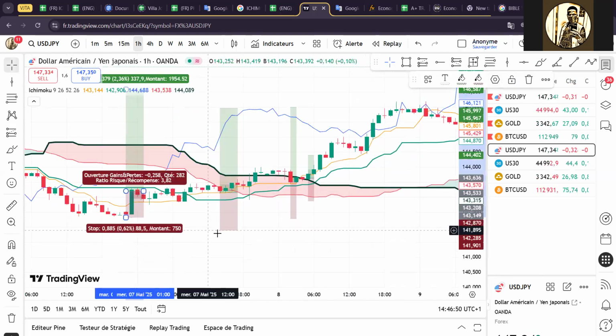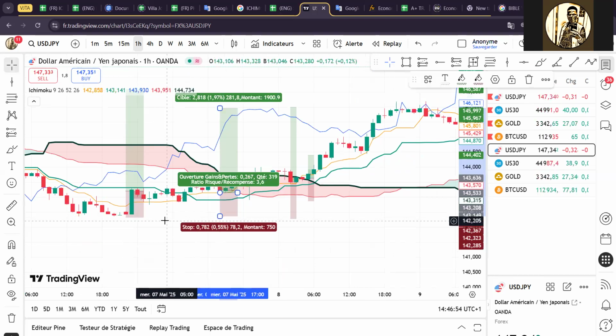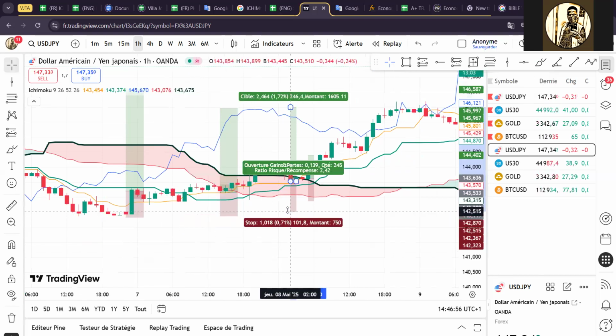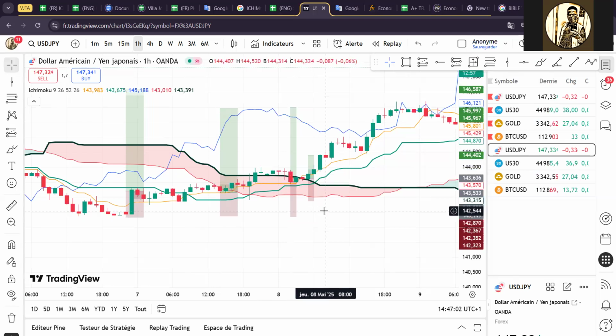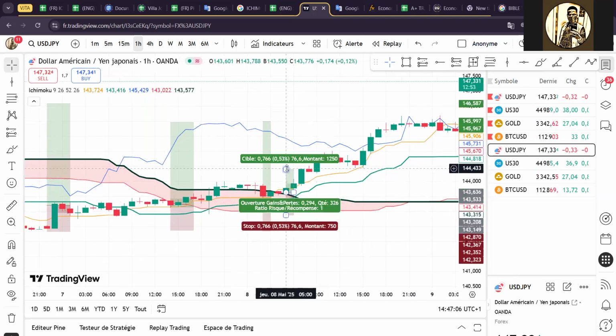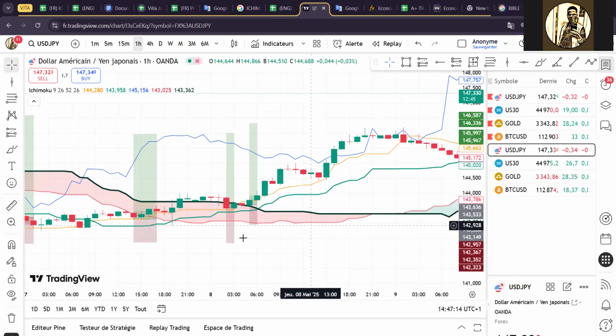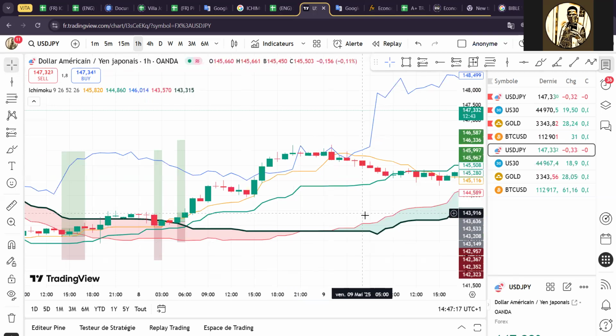Let me place the stop loss like this. All of this first reversal stop loss must be below Tenkan, and then for this transition, your stop loss just right below here, below SSA.